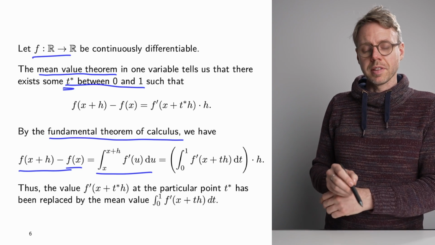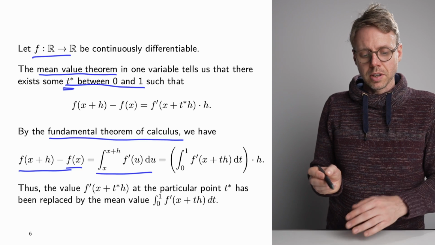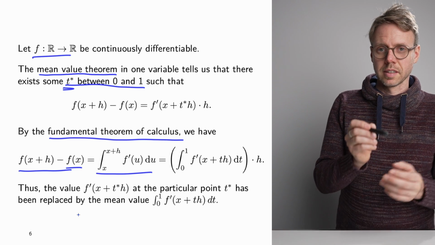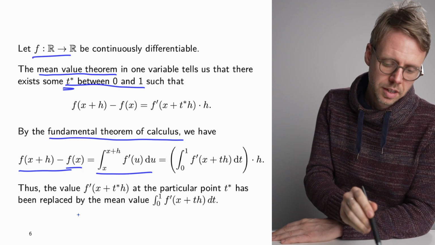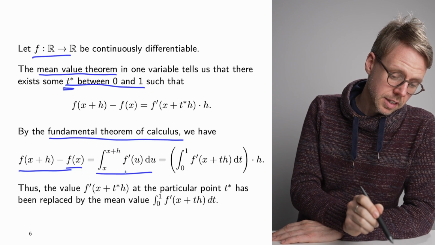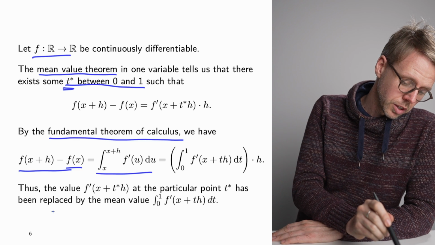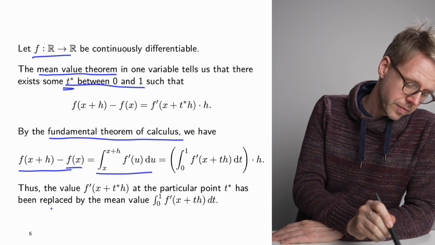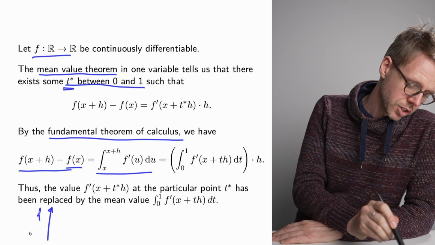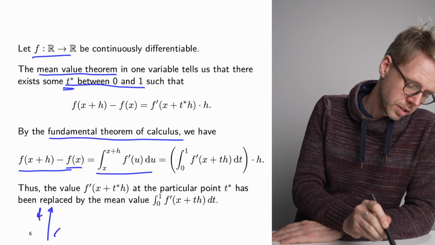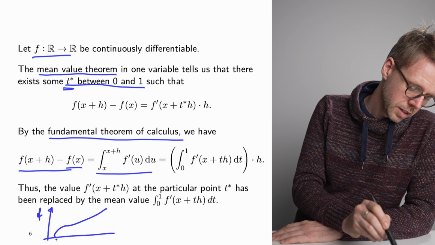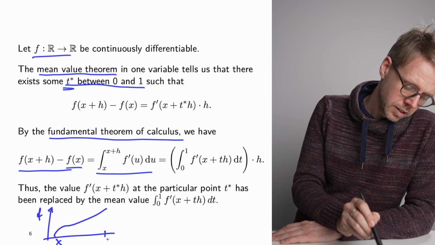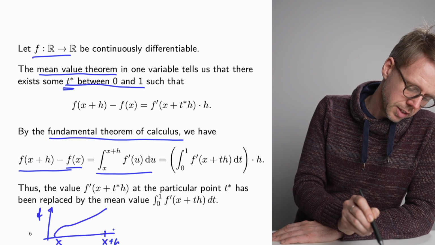So the fundamental theorem of calculus connects the function to its derivative. It says that if you look at a function, so we have a function f that goes somehow between x and x plus h in an interval.